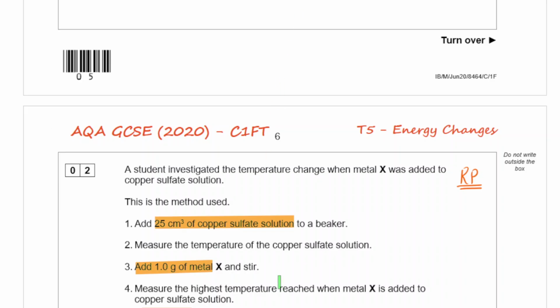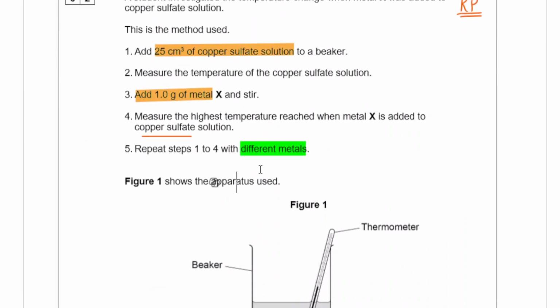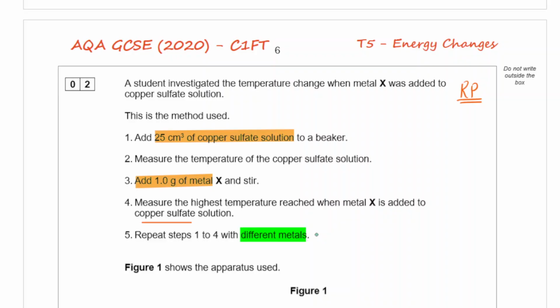You're going to change the different metals anyway. So which is going to be my independent variable? So this is my independent variable. These two are control variables, and measuring the temperature is my dependent variable.